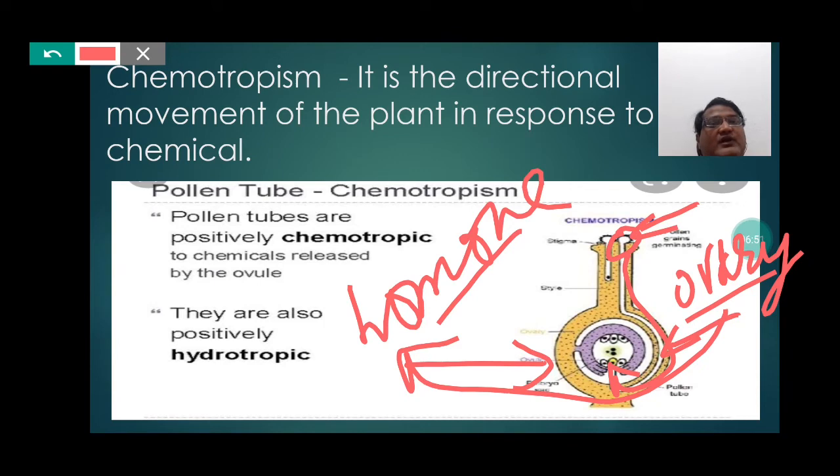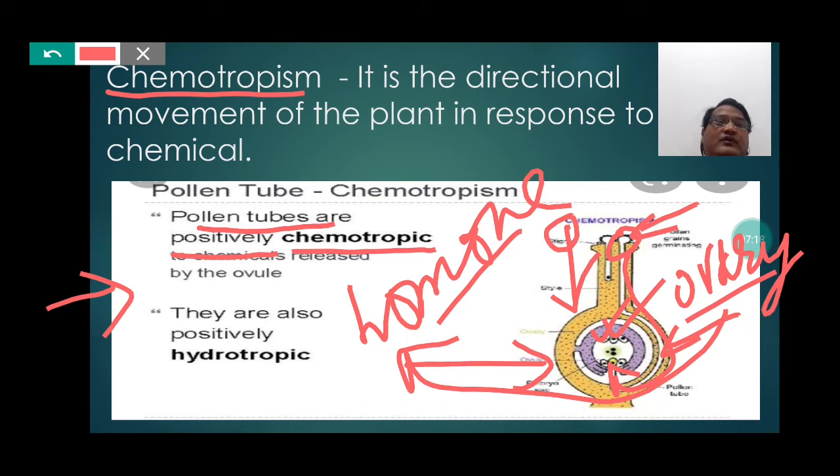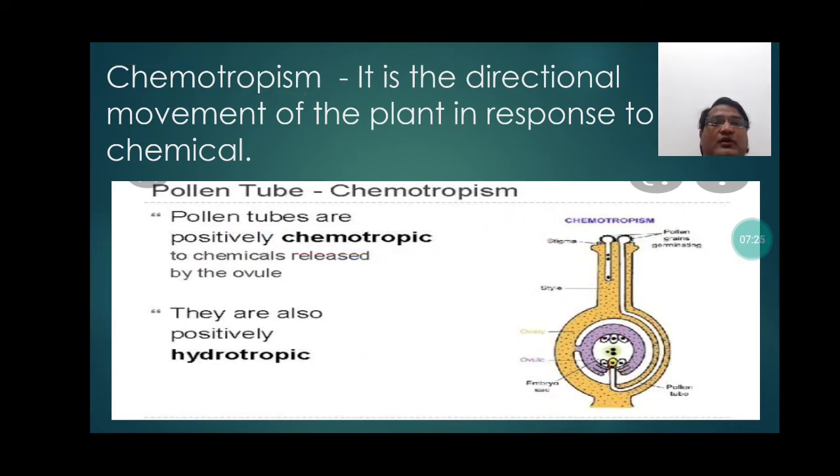This movement of the plant part, that is the pollen grain, towards the direction of the hormone secreted from the ovary is called chemotropism. So students, in this picture it is mentioned that pollen tubes are positively chemotropic, because the pollen tube is growing towards the direction of the release of the hormone from the ovary. So that is why pollen tubes are positively chemotropic.